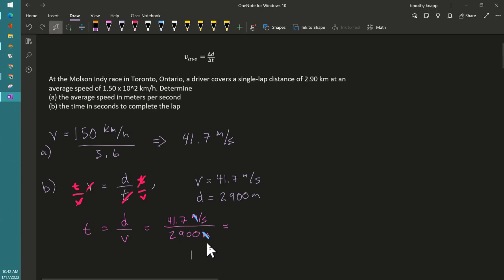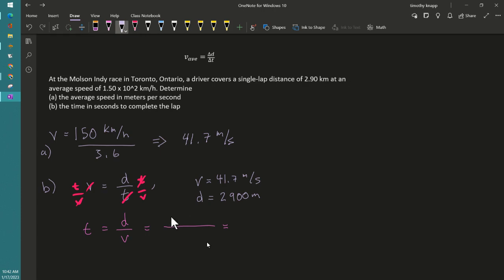And so, oh shoot, I messed this up. Sorry, guys. I've got distance here. I was like, what? Something's going on here. Well, this was a bit of a mess up. I put my distance on the top. So it's actually this.